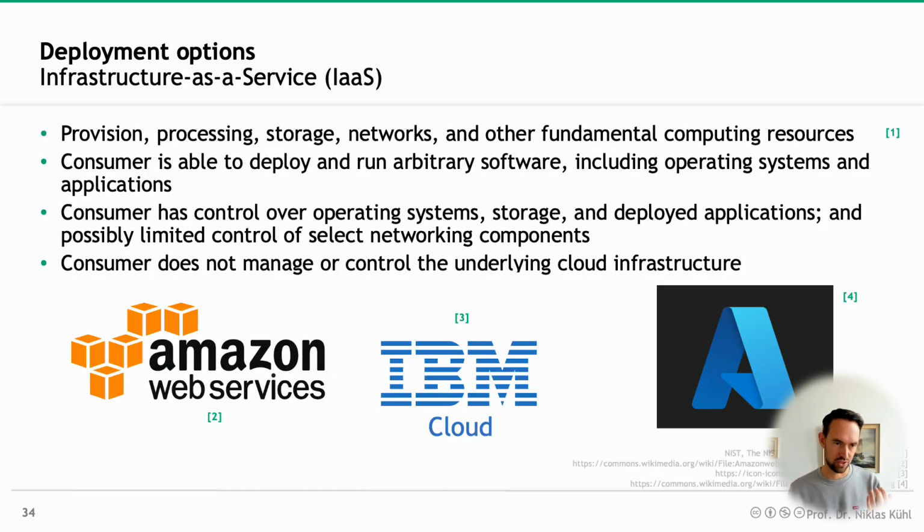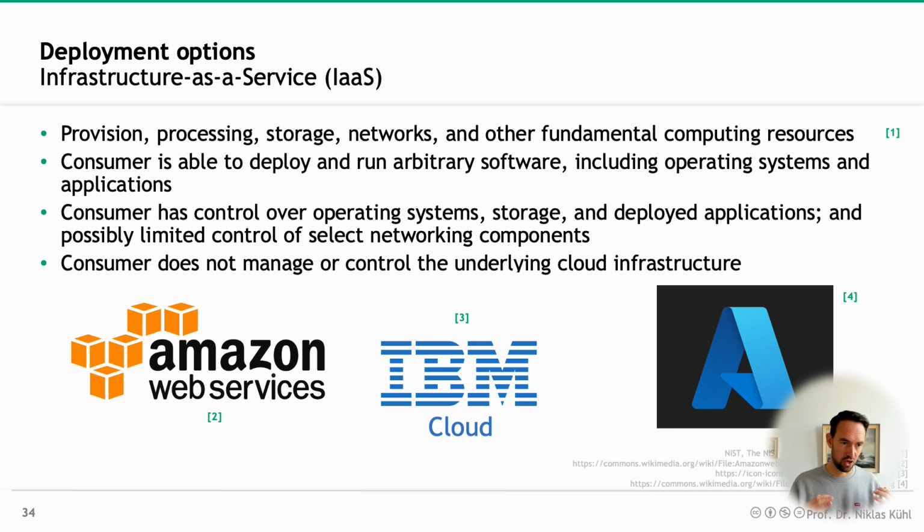If you look at infrastructure as a service, which is all about the provisioning of processing, storage, networks, and other fundamental computing resources, you as a consumer, if you buy that, are able to deploy and run your own arbitrary software, right? Including your operating system. Let's say you need a very special Linux or Microsoft Windows operating system. You can choose that because maybe only this runs with your application.